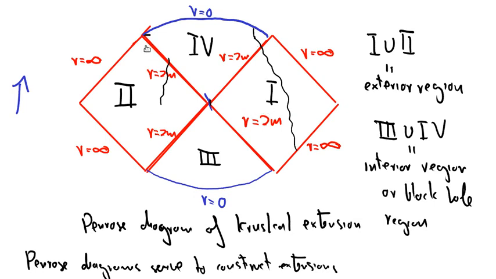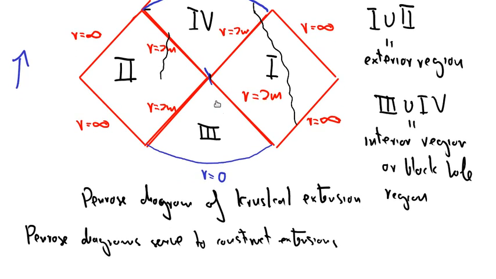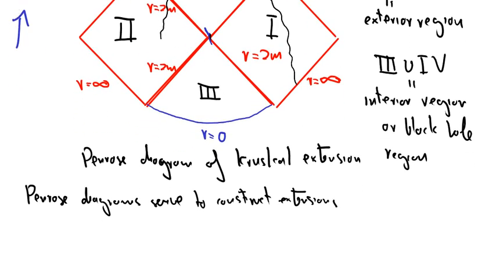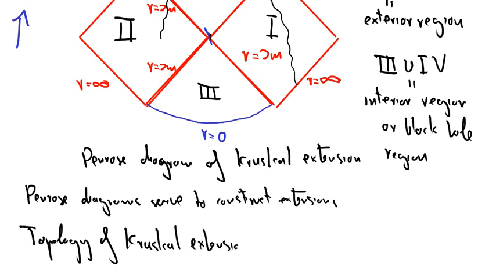Since each point represents a sphere and the topology of this two-dimensional region is R^2, we deduce that the topology is just S^2 × R × R.